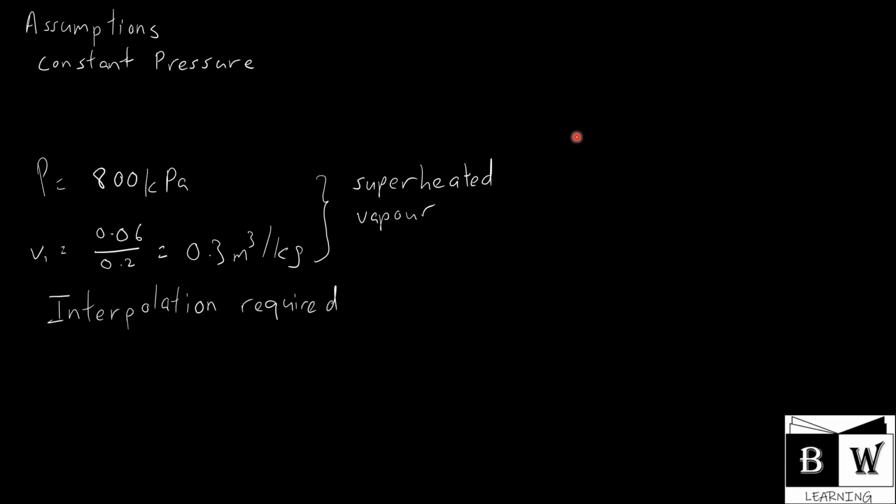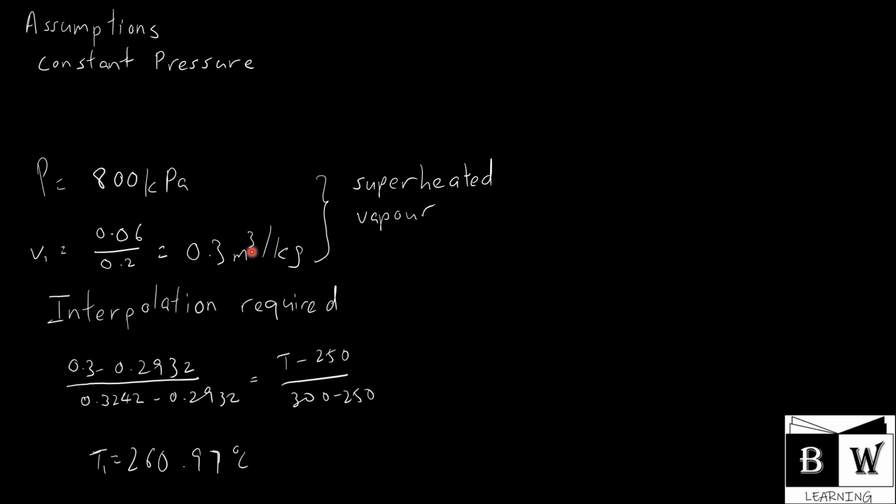So when we are doing our extraction of data from our thermodynamics table, we have to run some interpolation because 0.3 in 800 kilopascal in your thermodynamics table is not really present there. So 0.3 happens to be in between 250 degrees Celsius and 300 degrees Celsius.